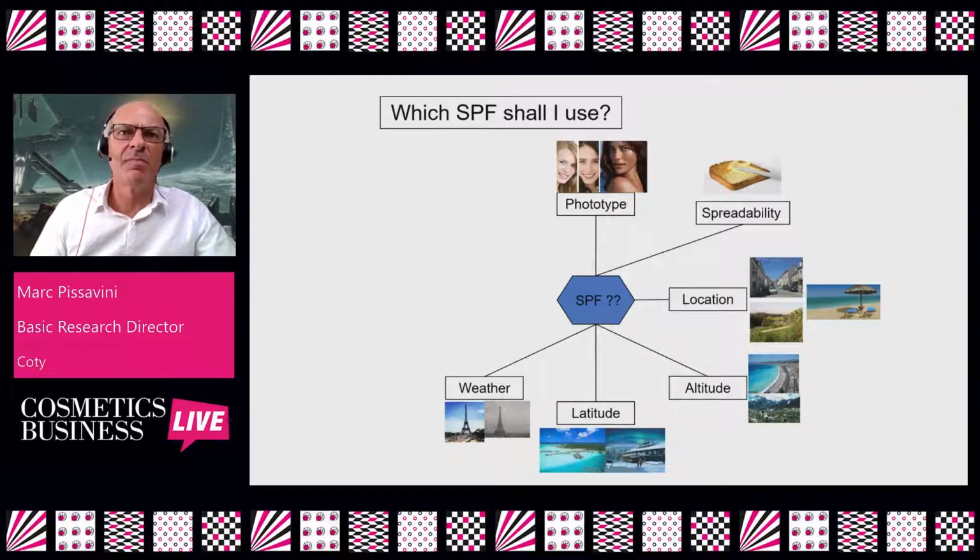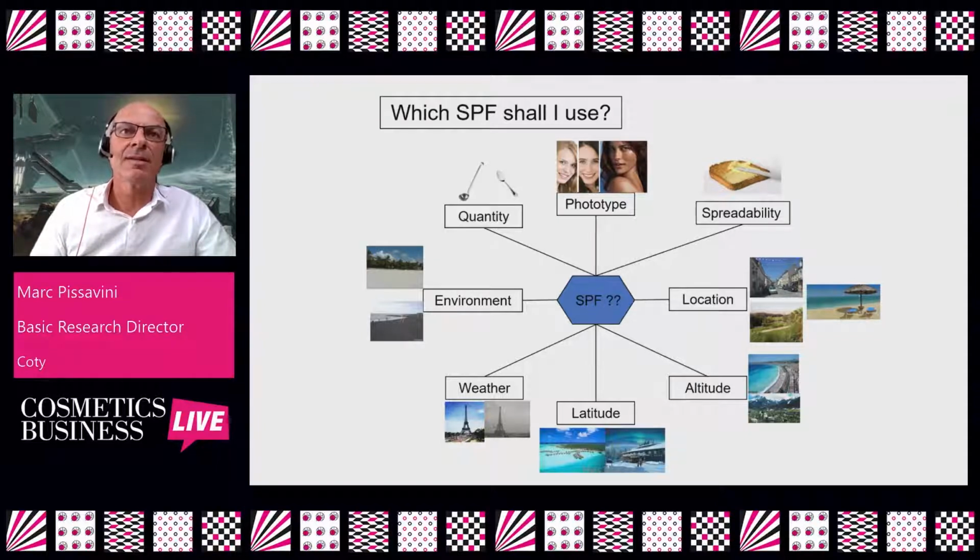Is it a very blue sky or is there some cloud? Also the environment. Do you go to the beach with white sand or with black sand close to the water, or on the grass? And lastly, the quantity, which is also very important. If I know all these parameters, and you see there are a lot of parameters, yes, I can tell you which SPF you can use. But without that, I cannot tell you this.